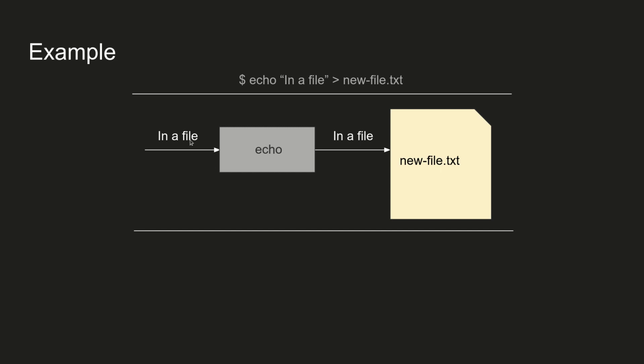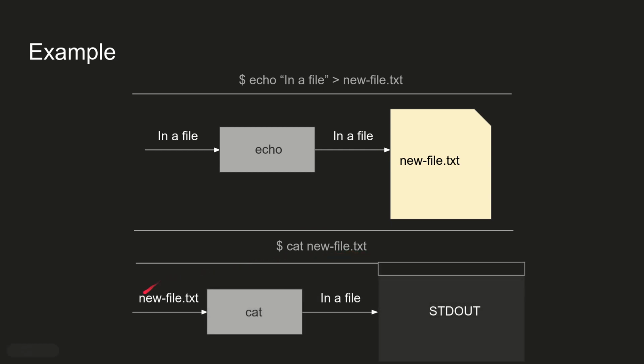So in a file is the input to echo. Echo outputs that. Instead of to the terminal window, it outputs it to the new file.txt. Now when you cat this new file, you'll find that in a file is what it says. You can also do the file redirection backwards.